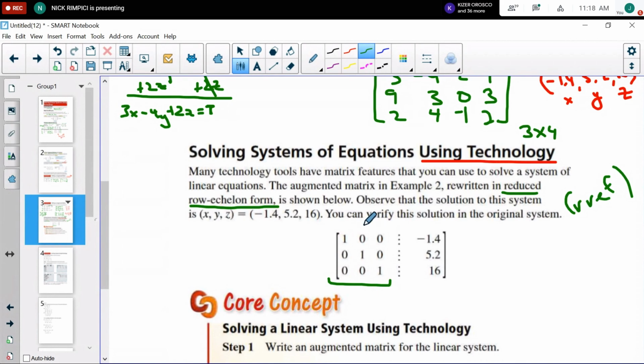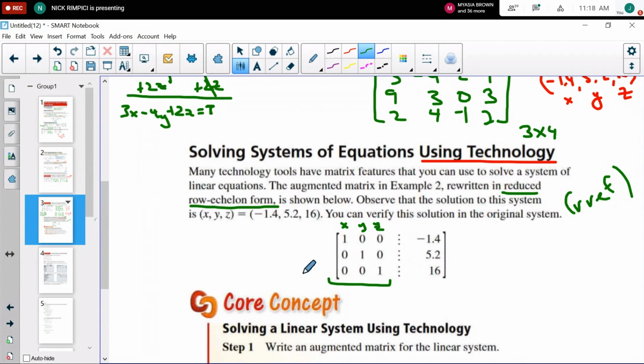Remember, this is my x column, my y column, and my z column. So this is 1x, no y's, no z's, there's the answer. No x's, 1y, no z's, the answer. No x's, no y's, 1z, and there's the answer. I hope that that's okay.